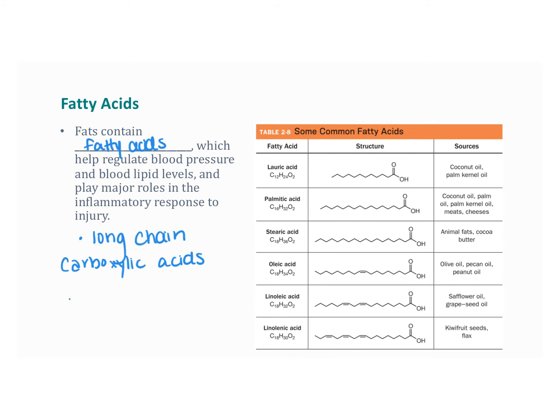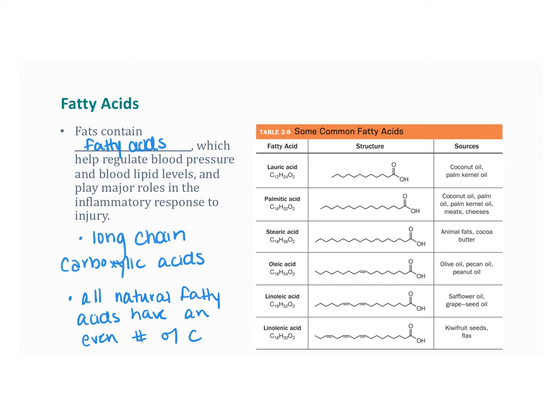All natural fatty acids are going to have an even number of carbons, because in nature fatty acids are synthesized from acetyl coenzyme A, which is also called acetyl-CoA, and that's a 2-carbon atom source.